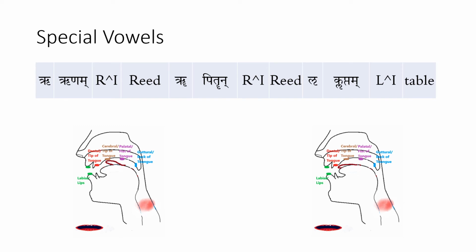The next one, the third one here, is the L sound. This is also sometimes confused with the L consonant, where there is a touch of the tip of the tongue to the back of the front teeth. That's the L sound, consonant. But here it is similar, but there is no touch.